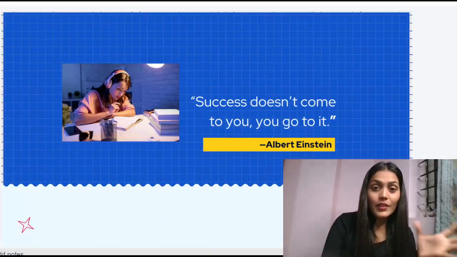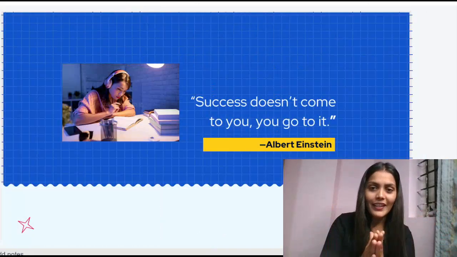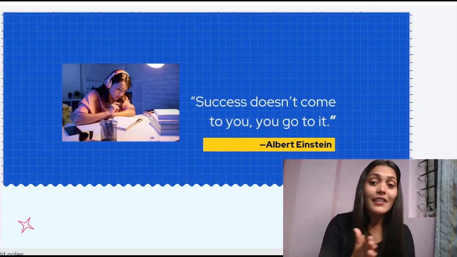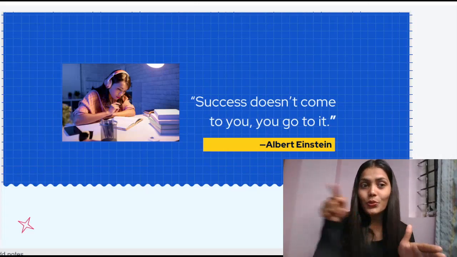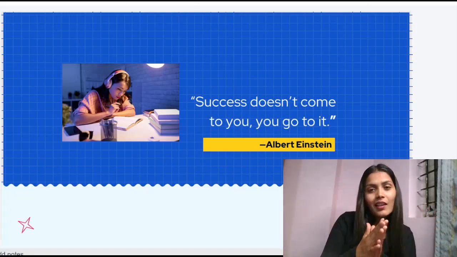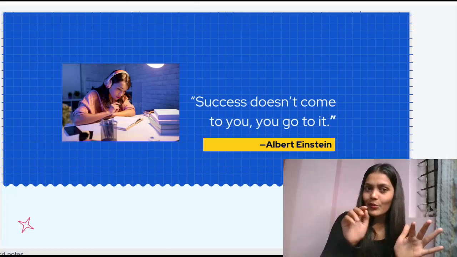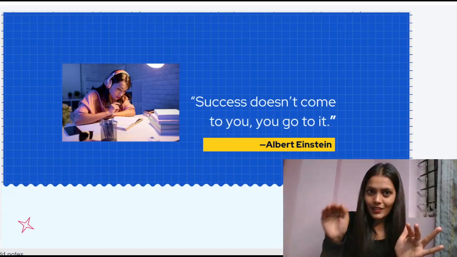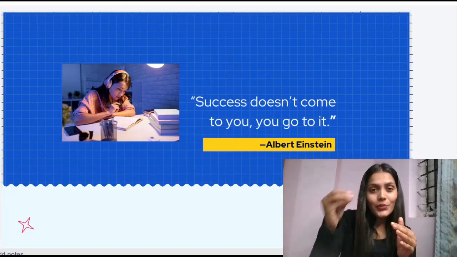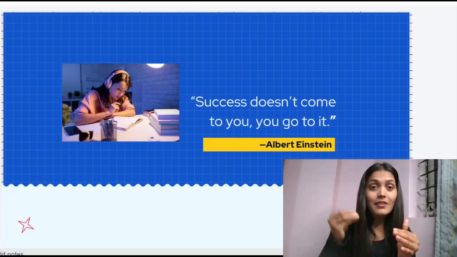So let's start with a good quote, one good line. Albert Einstein said that success doesn't come to you, you go to it. It's a very true line. So you need to go to the success, and for that you need to work hard and work smart.